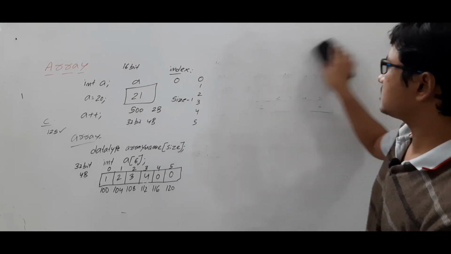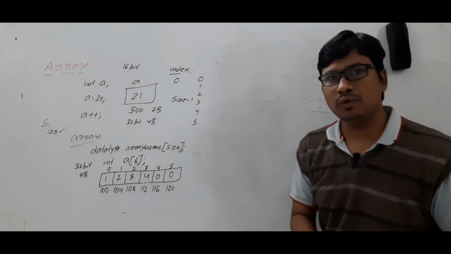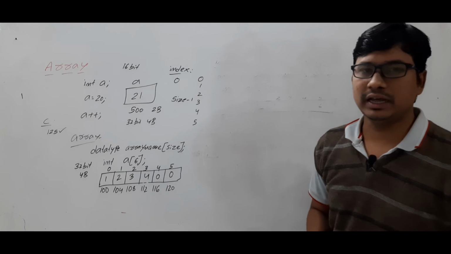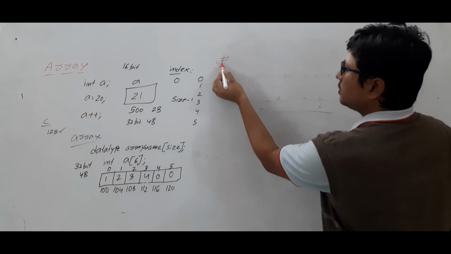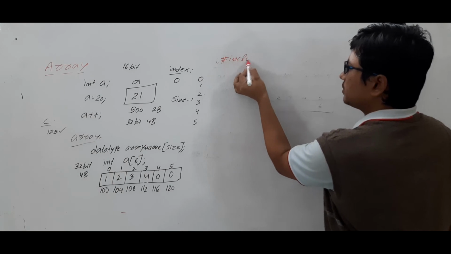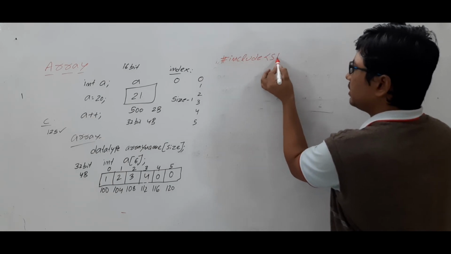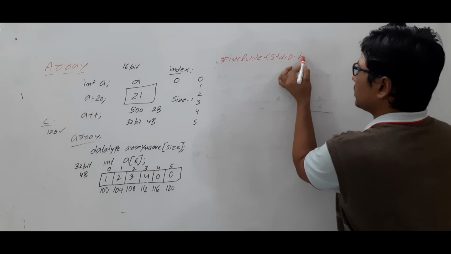Now let me write a C program to read the values from the user, store them in an array and then display them back to the user. So I need to use the header file called stdio.h.